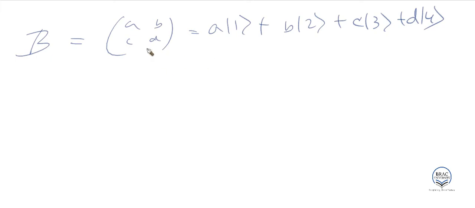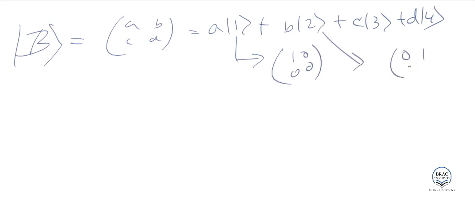To get any element, you have to specify the row and the column of the matrix. Okay, I forgot to put a ket over here. So this one was represented as 1 0 0 0, and this |2⟩ was represented as 0 1 0 0, and so on.